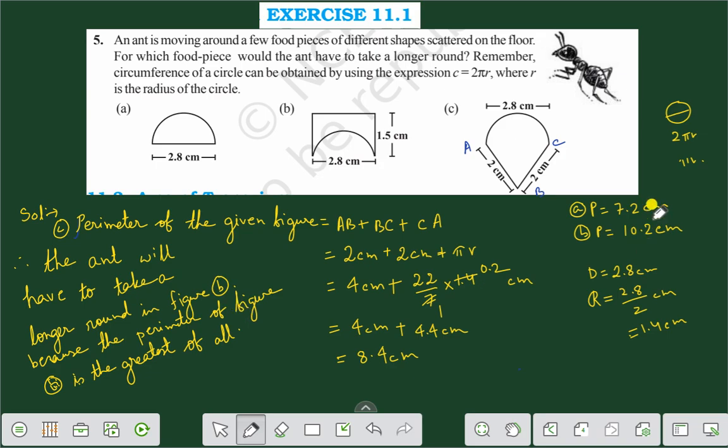That means perimeter of A is 7.2 centimeter, perimeter of B is 10.2 centimeter, and perimeter of C is 8.4 centimeter. Therefore, the ant would have to take a longer round in figure B, right?